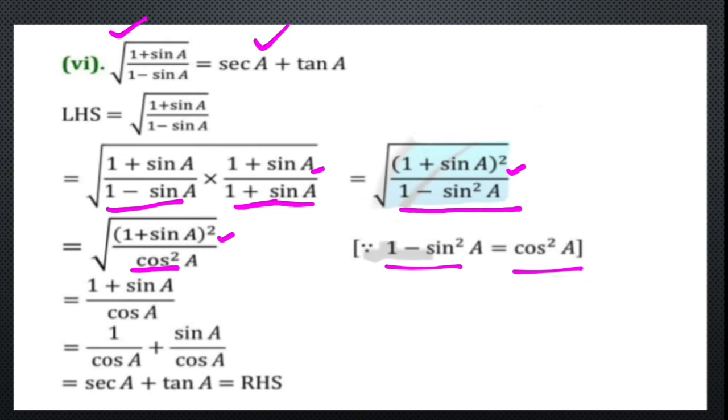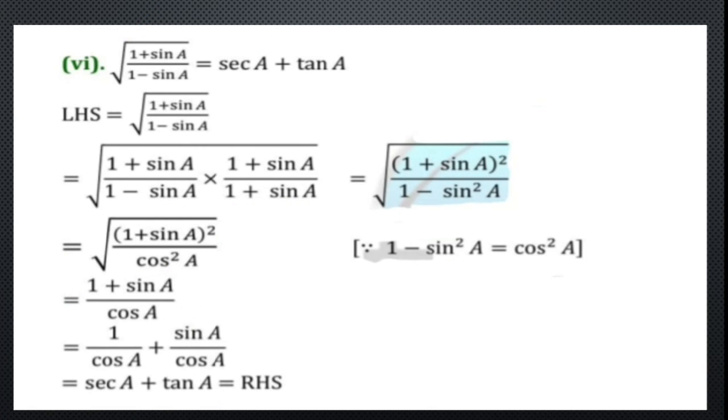So it will transform into 1 plus sin A by cos A. Now do the division. It will be 1 by cos A plus sin A by cos A. 1 by cos A means sec A, sin A by cos A means tan A, that means sec A plus tan A. In this way we have to solve question number 6.